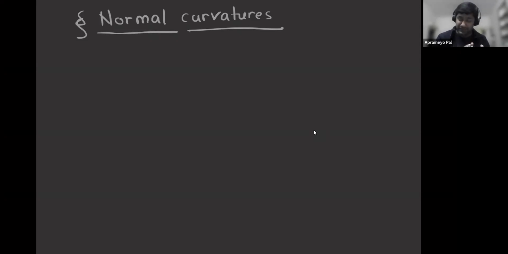In that venture, we have already been successful. We have understood how the curve is shaped on the surface, and all the curvature things we have defined in two different ways, and both gave the same definition. Now in this section we are going to see yet another way of defining the curvature of a surface.